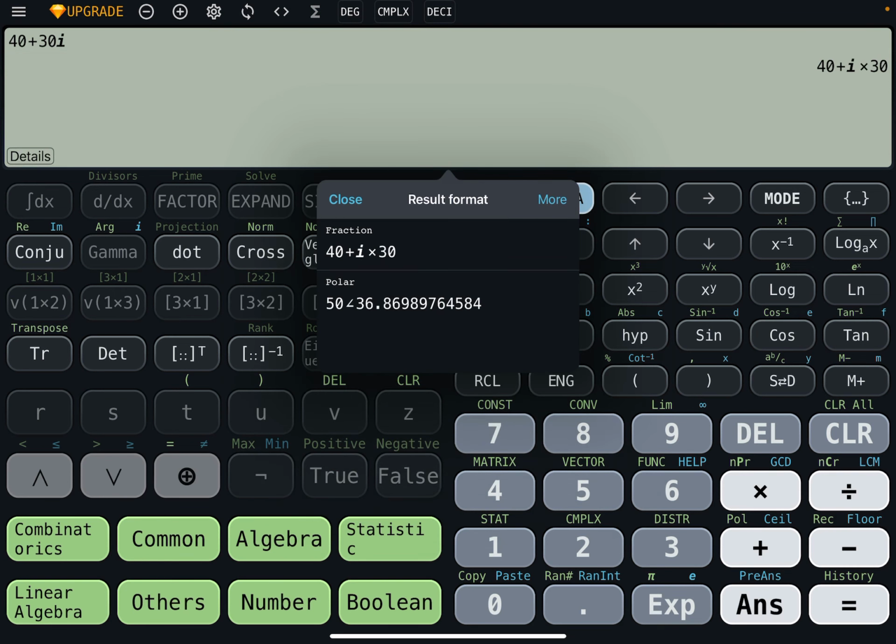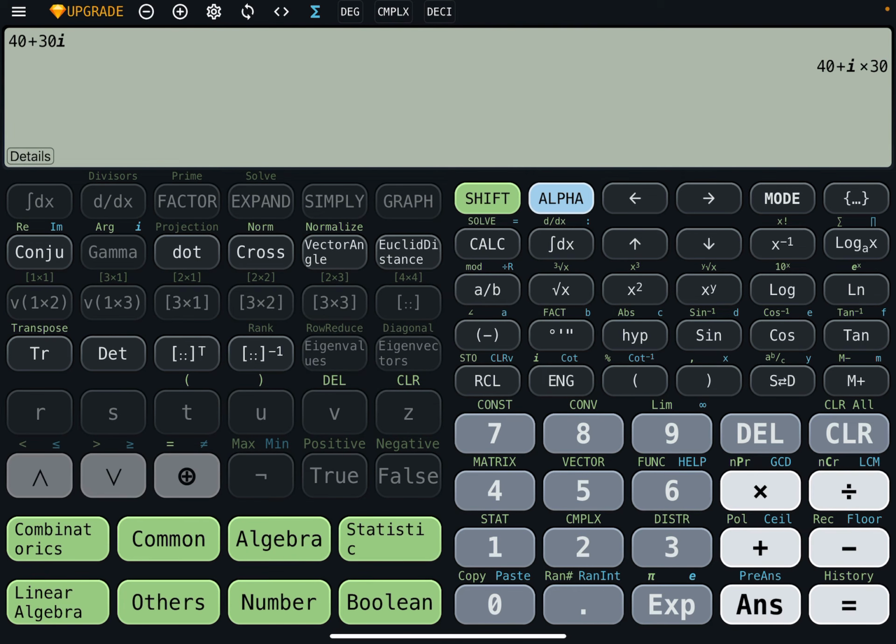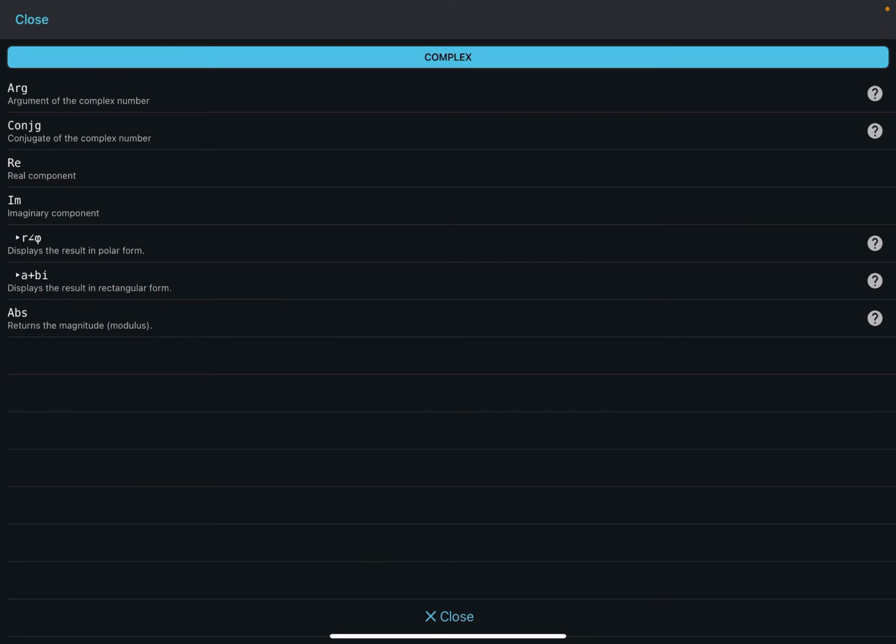Then you are going to see the answer, 40 plus 30i, but we don't want that answer, we want it in polar form. How to get the answer in polar form? Press shift and then go to complex, which is number 2. You can see here it says display the result in polar form.